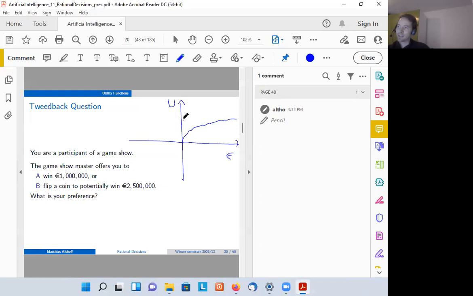So maybe he went from this happiness level to this happiness level, but the amount of money that he needed is, I'm just indicating, this was a lot. So this is not a linear curve. Similarly, if you have debt, the more debt you have, the worse it is. But at some point, you have so much debt that you will never ever be able to pay it back in your lifetime, and then you also don't care anymore about it. And then this curve is also flattening.